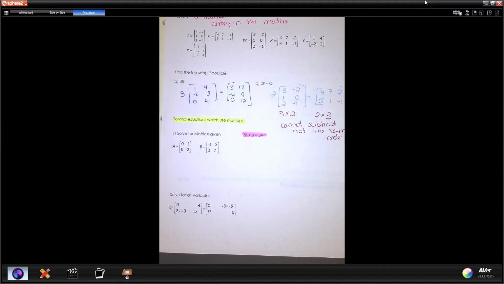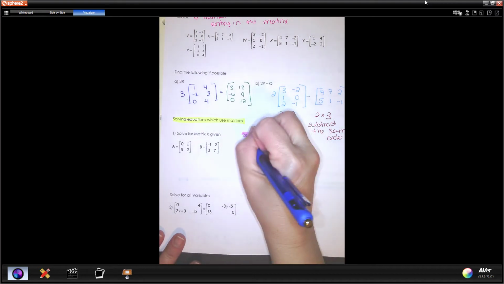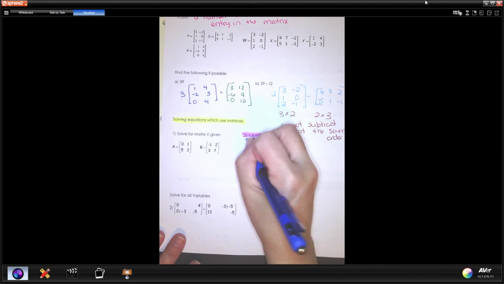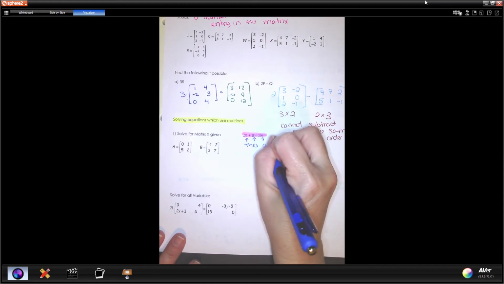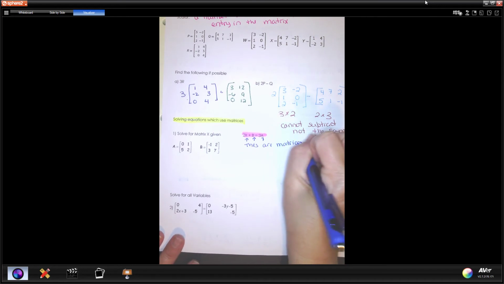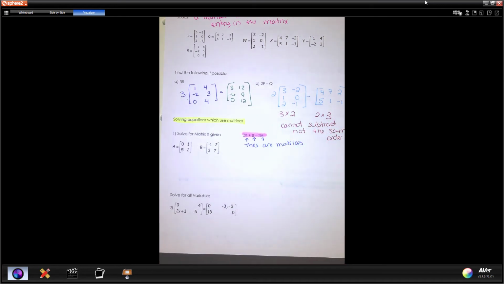So one of the things we have to understand is that the X, the B, and the A are actually matrices. So ultimately what we're going to do is solve this, what is called a literal equation, for X.